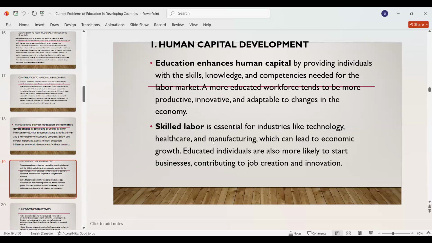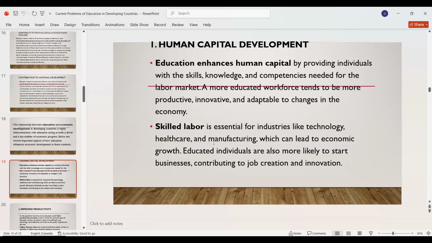That is not the capital we are speaking of here. Education enhances human capital by providing individuals with the skills, knowledge, and competencies needed for the labor market. That is the capital we are talking about, right? Skills, knowledge, competencies needed for the labor market.